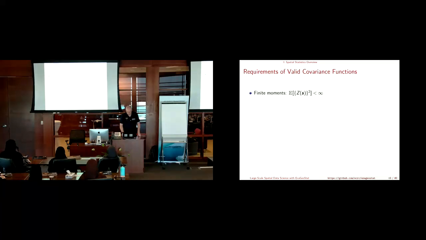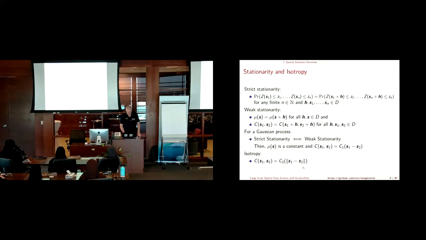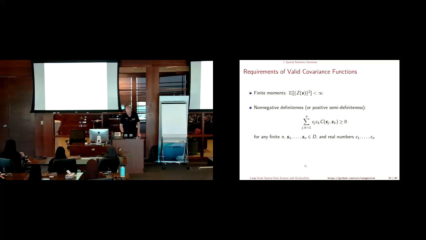Okay, so this covariance function C that we want to model needs to satisfy certain properties. The most important is that it has to be non-negative definite.